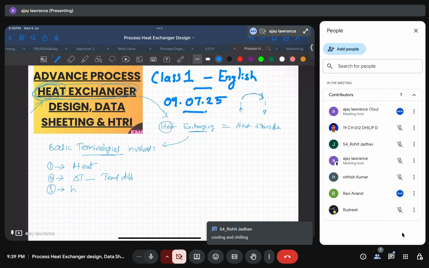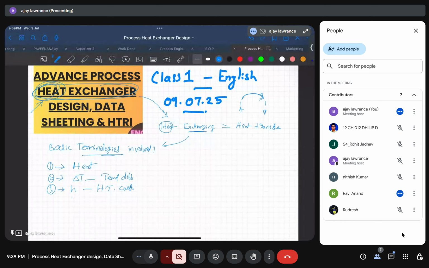H value, heat transfer coefficient. Cooling and chilling. Surface area, yes, area of heat transfer.